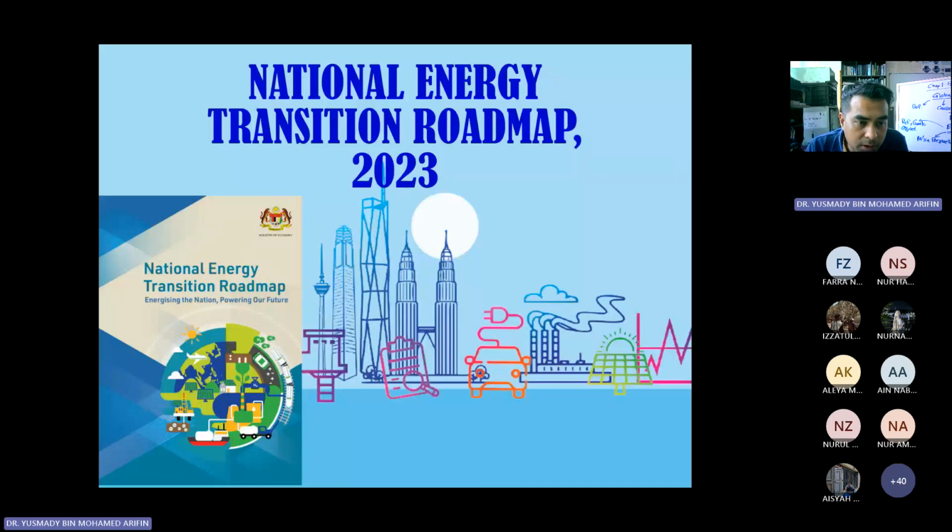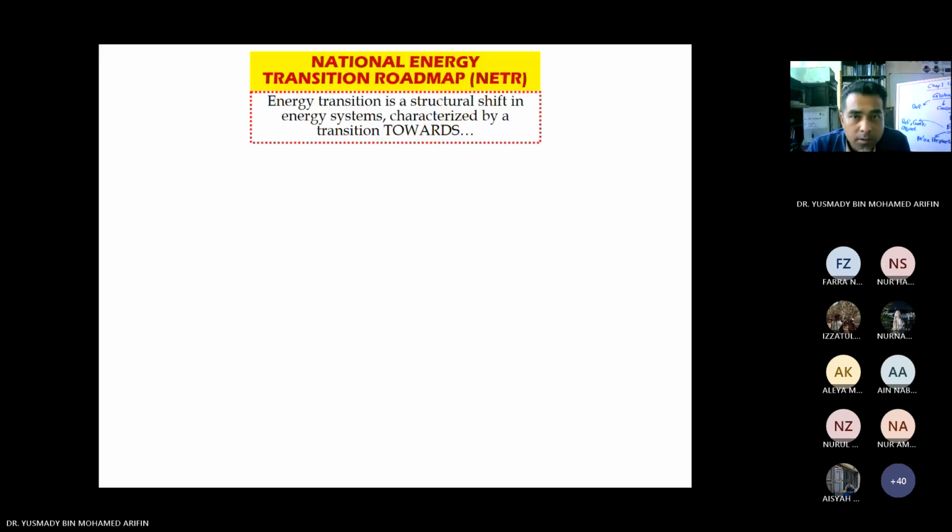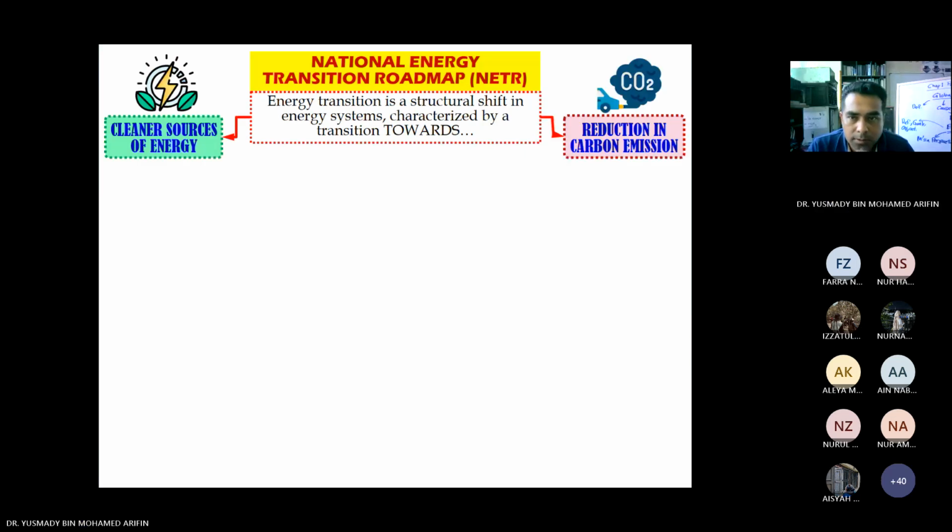Okay, I'll go a bit faster. Same as before, you can get this document from the website, so you can download it. National Energy Transition Roadmap, or NETR 2023. This roadmap refers to the energy transition, the structural shift in the energy system characterized by a transition towards cleaner sources of energy and a reduction in carbon emissions.